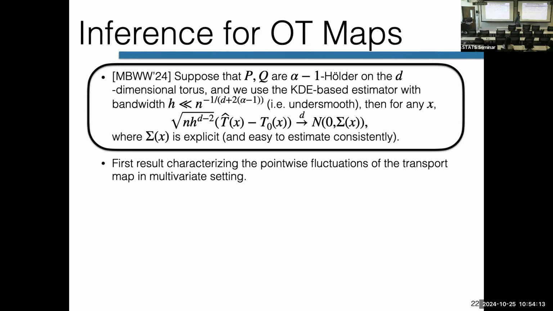Because then T0 of X, where X is a random variable, will have the same distribution as Y, right? And T hat of X, for each given X, is asymptotically normal. But if I have a data set, what can I say about the transformation of the data set after applying T hat?